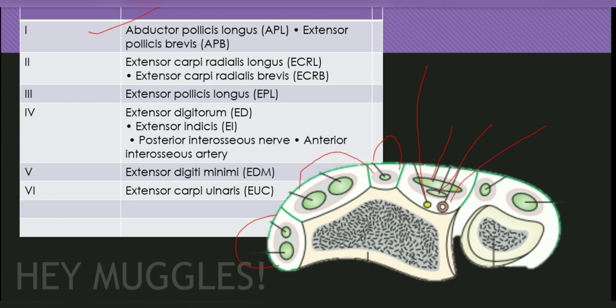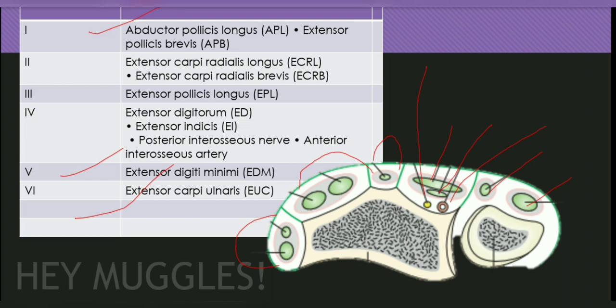Anterior interosseous artery supplies blood to your forearm and it is the deepest artery in the front of your forearm. Then we have extensor digiti minimi in the 5th compartment and extensor carpi ulnaris in the 6th compartment.